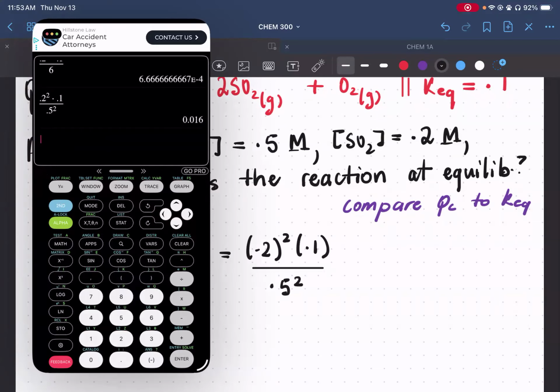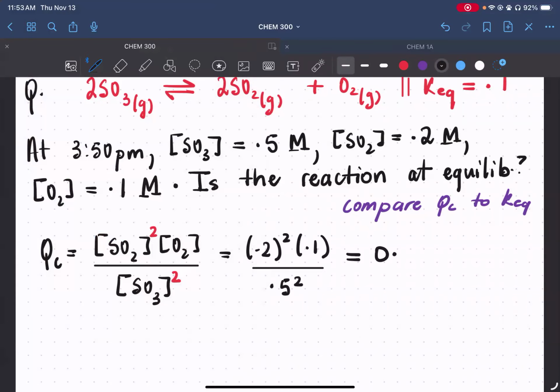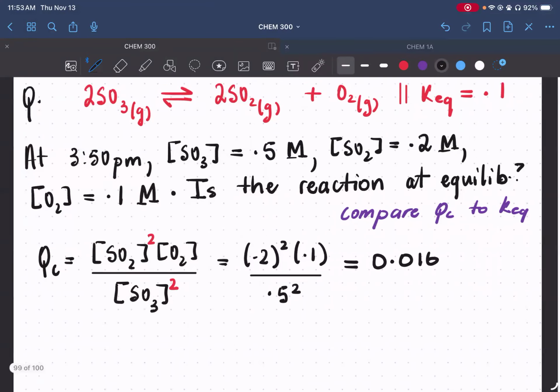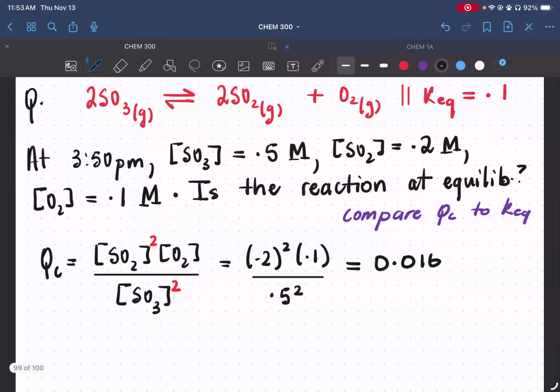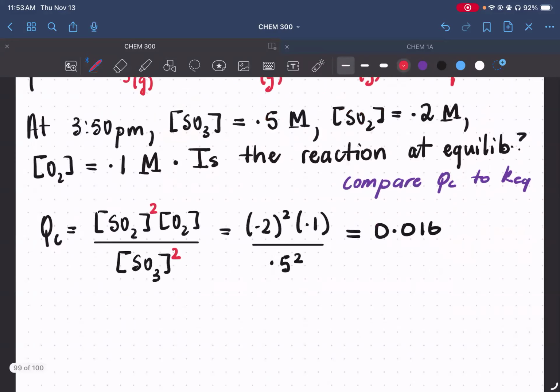The answer I see here on my calculator is 0.016. Is this number equal to KEQ? Not even slightly. Not even closely. Not even rounding up. It's not equal at all. QC is not equal to KEQ. Therefore, this reaction is not at equilibrium.